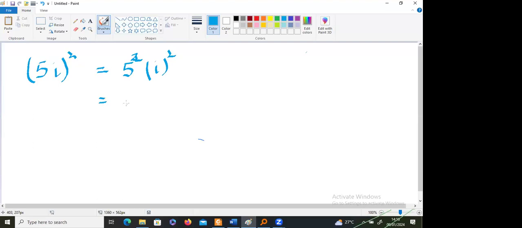And this squaring of 5 would give you 25. And of course, the squaring of i would give you -1. So that when you square 5i, you come up with -25. So as you get comfortable with finding the square root, please also get comfortable with squaring.